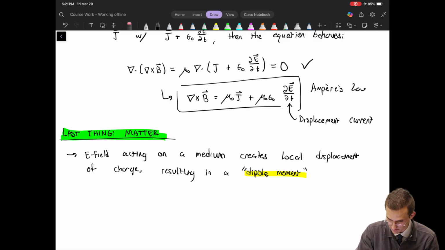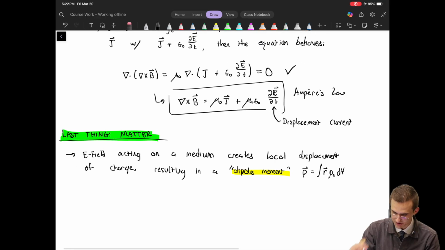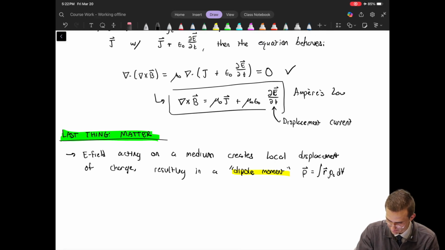The way it's defined is lowercase p equal to the integral of r, the separation, times rho c dV. What I want you to have in mind when you think of dipole moment is just two charges. Imagine you just have plus and minus in an E field, and their separation is d.